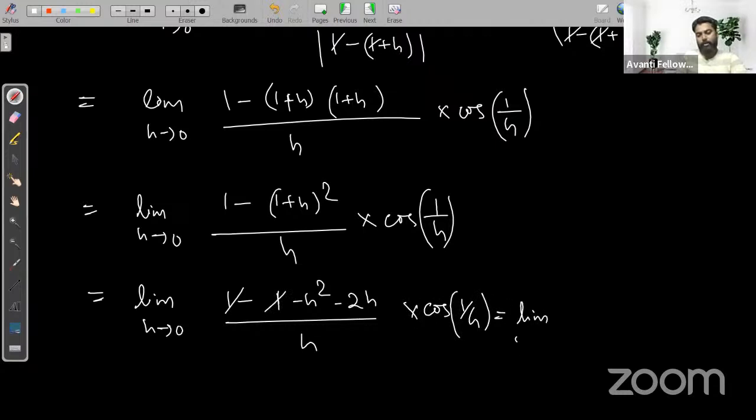So limit h tending to 0. If we take minus h as common also, this will be h plus 2 divided by h and cos of 1 by h.